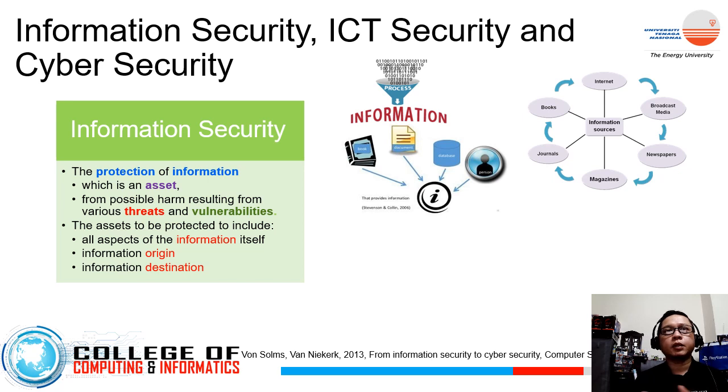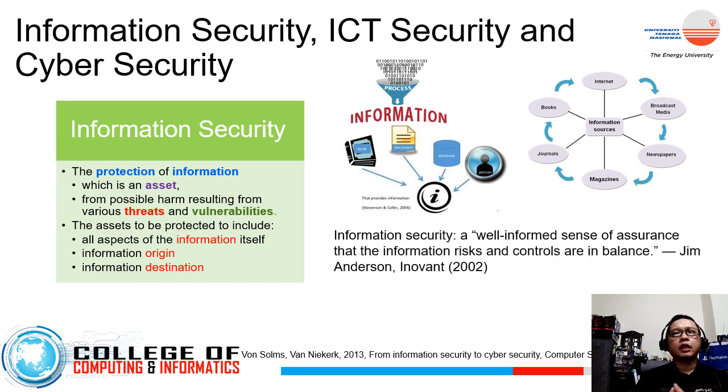The protection of information is considered an asset. So in information security, that information that you obtain or that you use is a very important asset. This protection of assets includes any aspect of the information itself. It means where you actually got that information and where you are going to use that information.